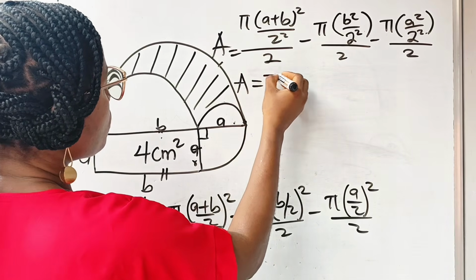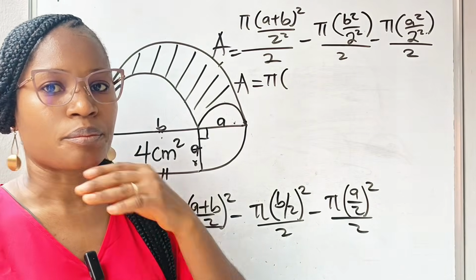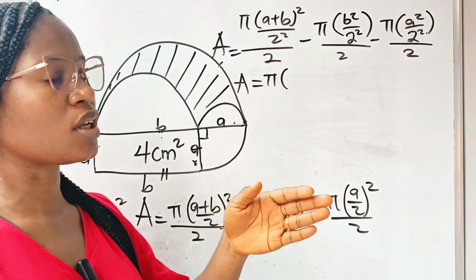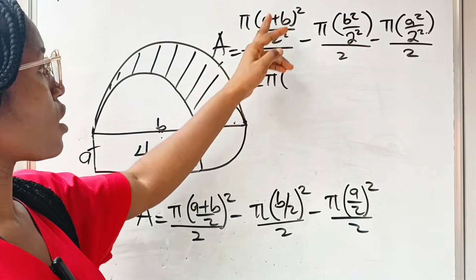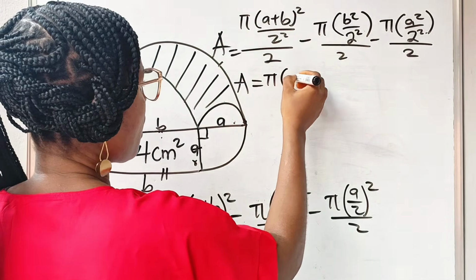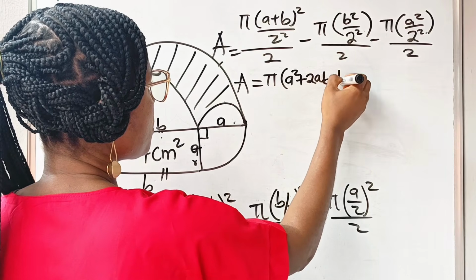So A will be equal to pi bracket A plus B squared, which is actually an algebra identity that states that A plus B squared is equal to A squared plus 2AB plus B squared.